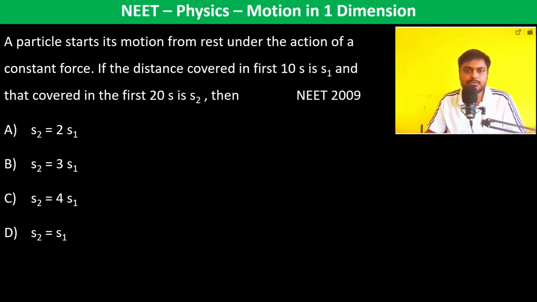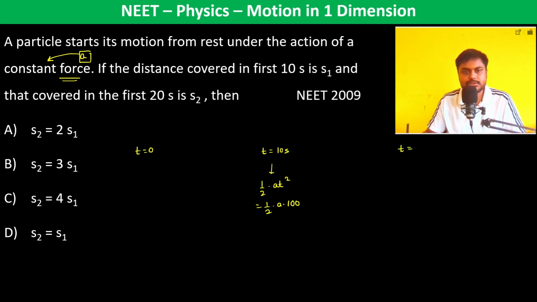A particle starts its motion from rest under the action of a constant force. If the force is constant, then the acceleration is also constant, because acceleration is equal to force divided by mass. If the distance covered in the first 10 seconds is s1, it started from rest, t is equal to 0. In t equals 10 seconds, it has covered half into a into t square, which is half into a into 100, which is 50a.